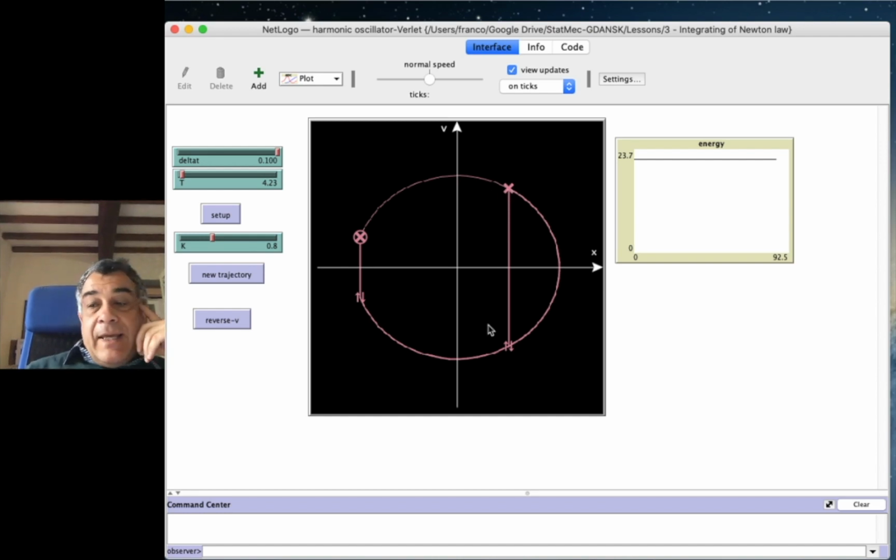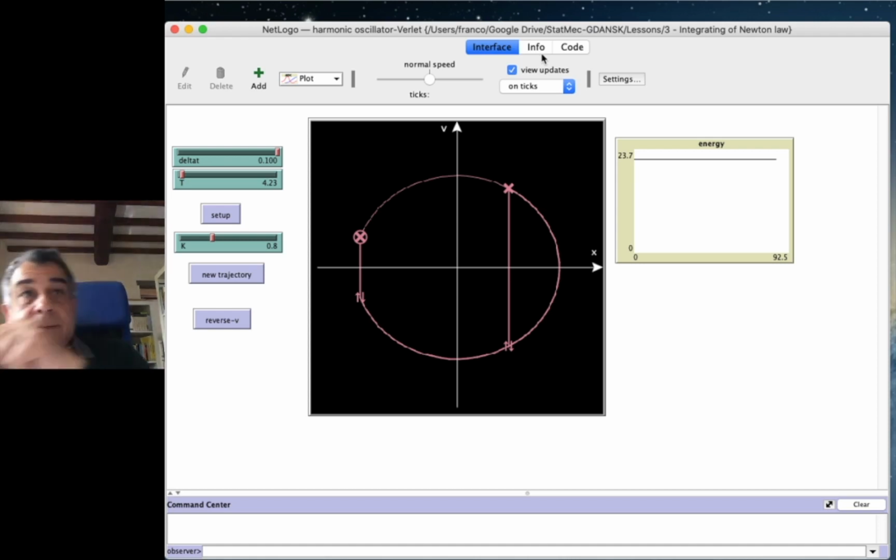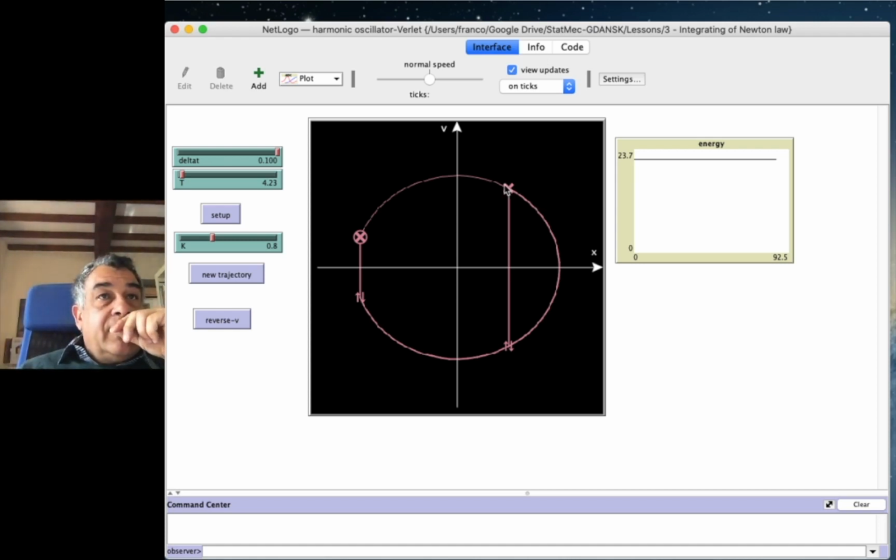Now I can go backward in time for the same amount of time steps, and this clearly goes from here to another point. I have problems with my monitors now. Okay, so I start now from here and I go backward in time.